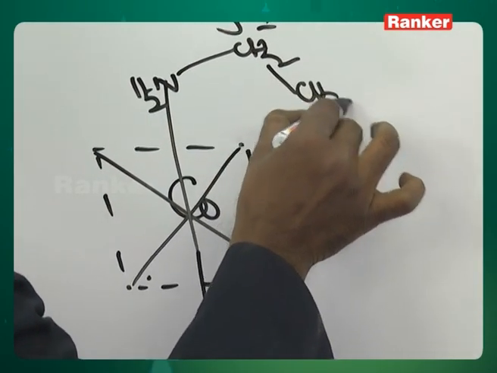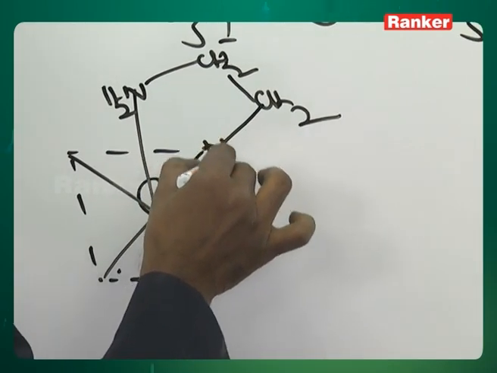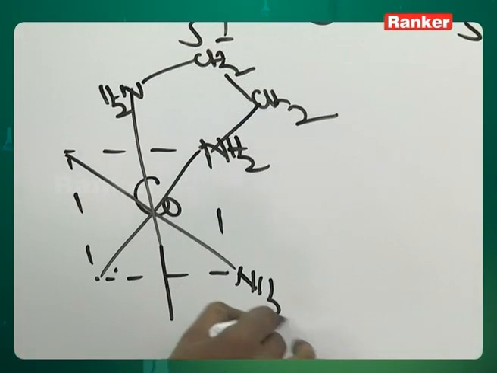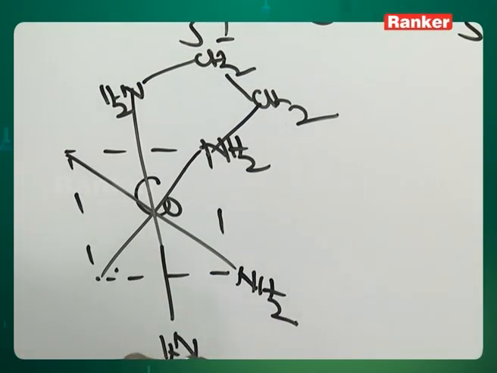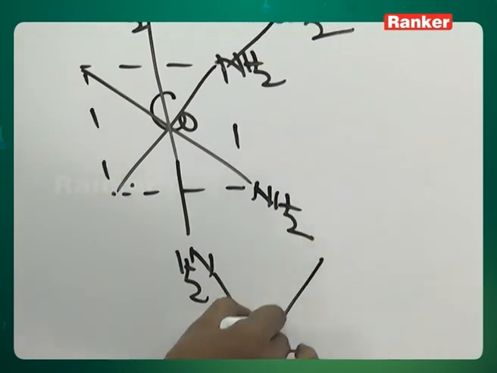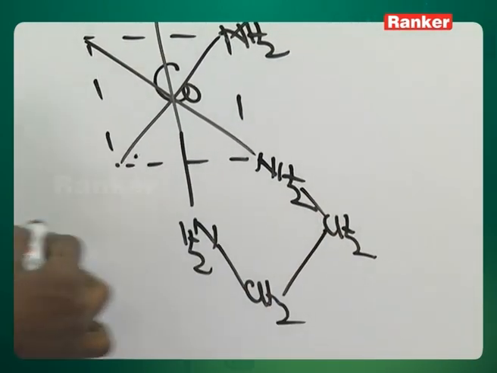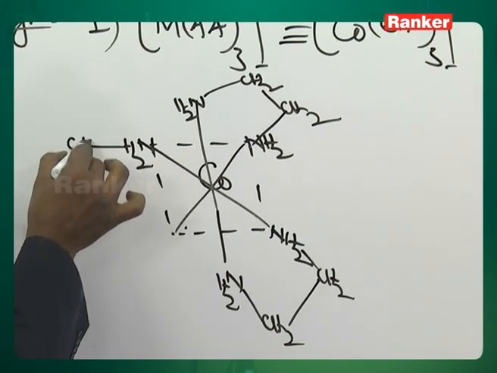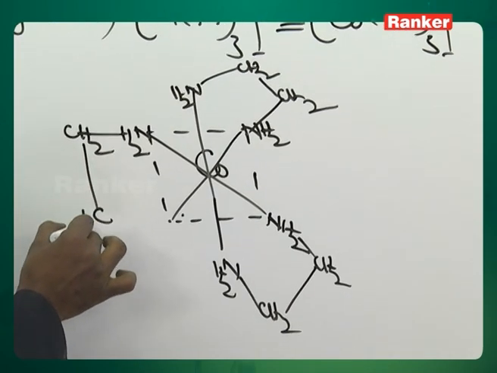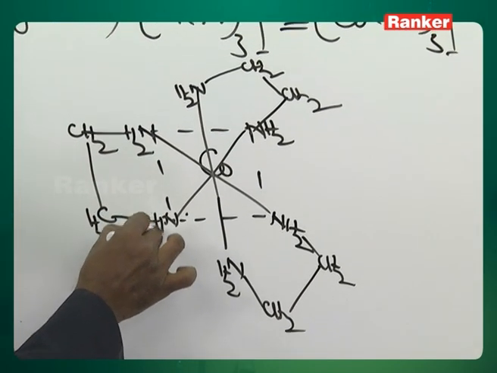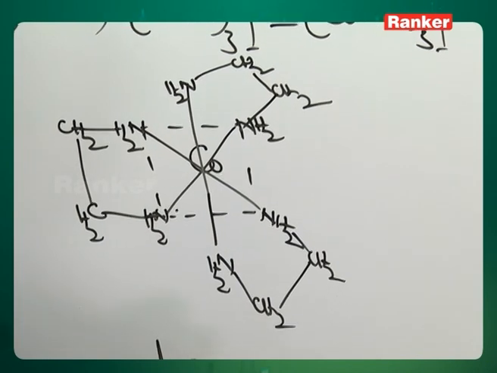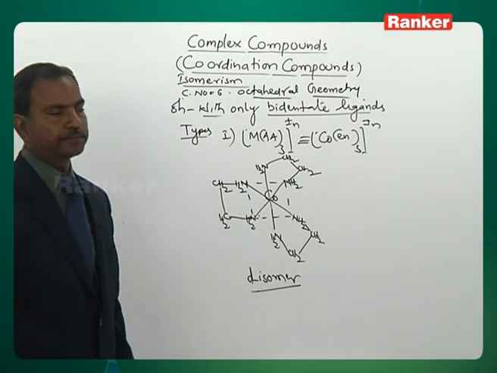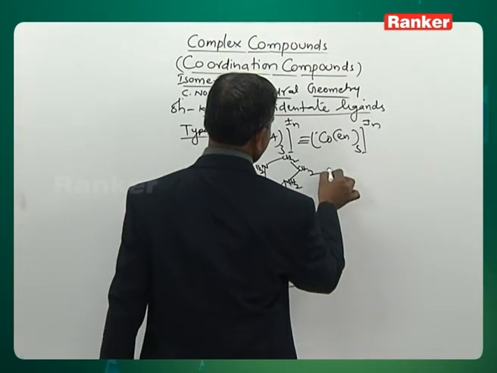CH2, CH2, NH2. Similarly, one more. D isomer. Take the L isomer.